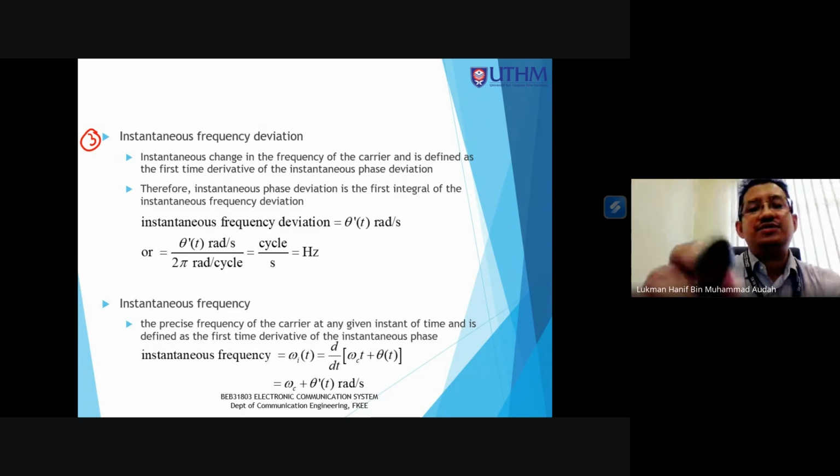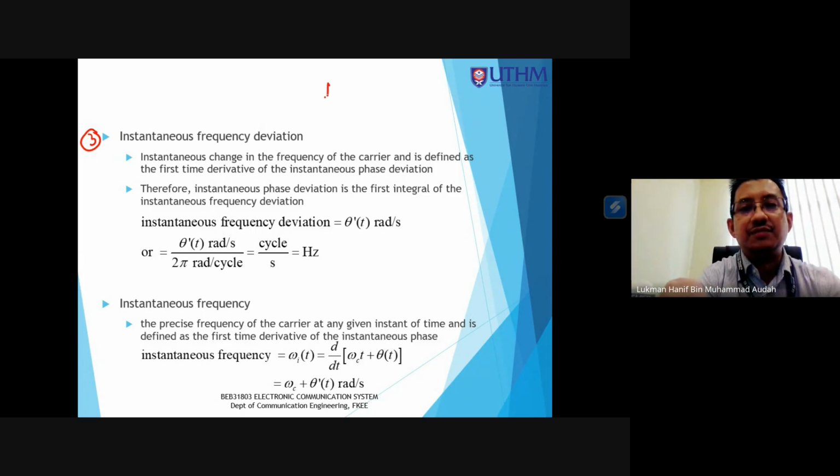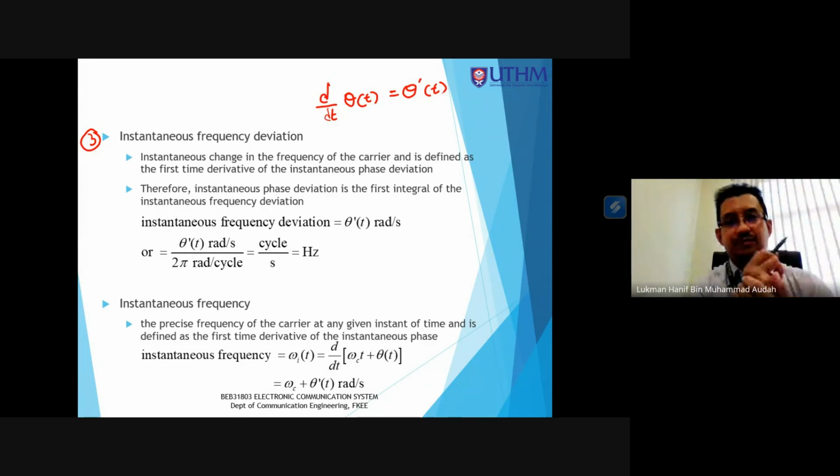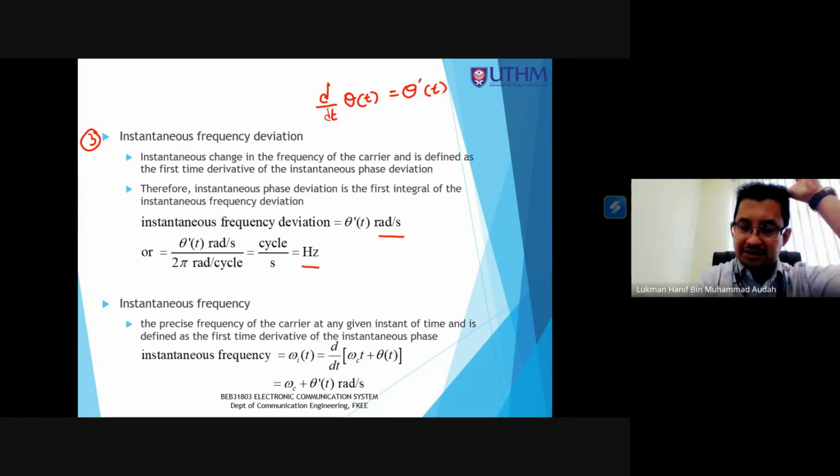So this is d/dt of the instantaneous phase deviation, so d/dt of theta(t) will produce theta prime(t). The unit is radian per second, or simply hertz.